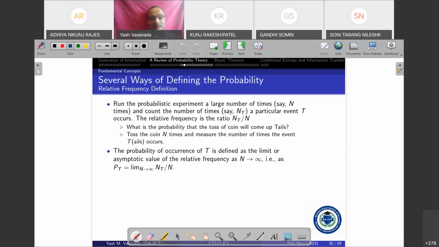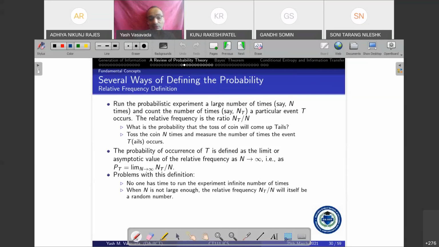Now, that gives us another headache. The problem is that nobody has time to run an infinite number of experiments. I mean, forget about infinity. You probably don't want to toss the coin even 10 times to find out the probability of tails. So we don't want to repeat an experiment so many times. And the problem is that if you don't do that, then this relative frequency itself will be a random variable.